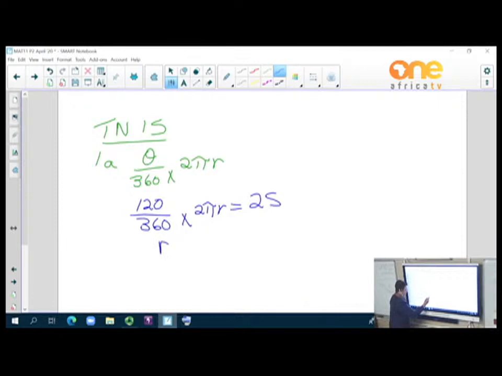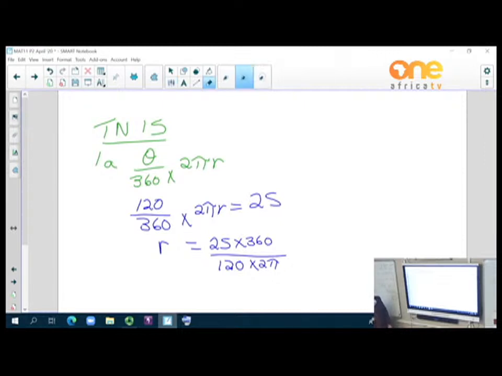So I want R, which means I'm going to multiply by 360, because here you are dividing by 360. Can you see? Here we are multiplying, so now we are dividing by 120 times 2 pi r. So it's about opposite operations to get that length then there out.